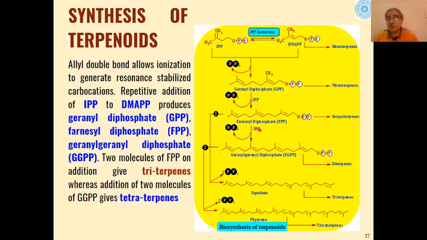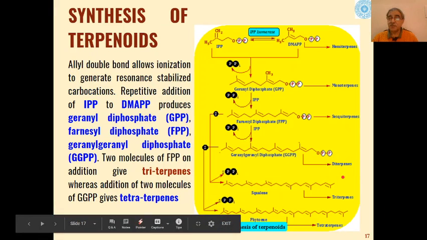Then this FPP will further react with one more molecule of IPP, and this will be converted into GGPP, geranylgeranyl diphosphate, with the elimination of one diphosphate molecule. And this is our example of diterpenes.